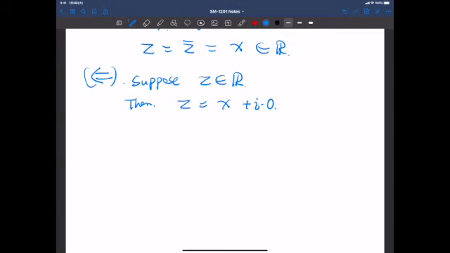Because the imaginary part should be 0. So if that's the case, then z bar is equal to x minus i times 0, which is just x, which is equal to z. So the proof is done.